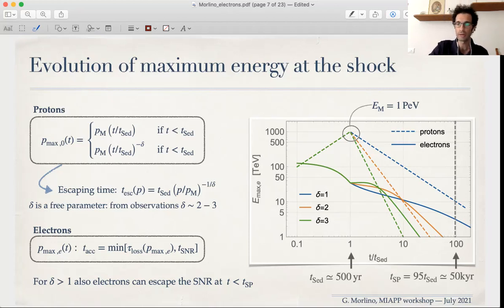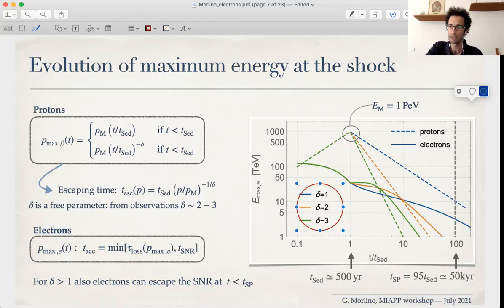So in this plot on the right side, I'm showing the behavior of maximum energy of protons with dashed lines and electrons with solid lines for different values of this parameter delta. And you see this is as a function of time divided by the Sedov time. And you see that around 100 t_Sedov begins the adiabatic phase.